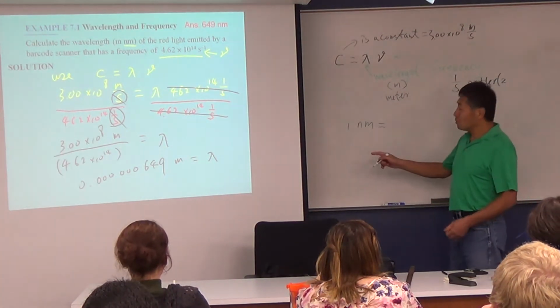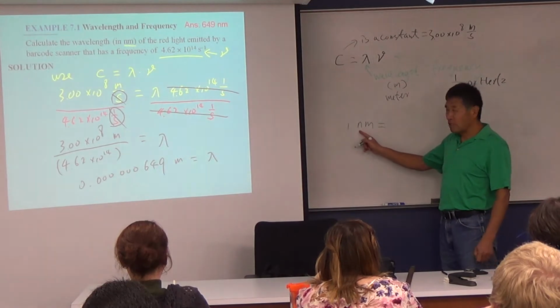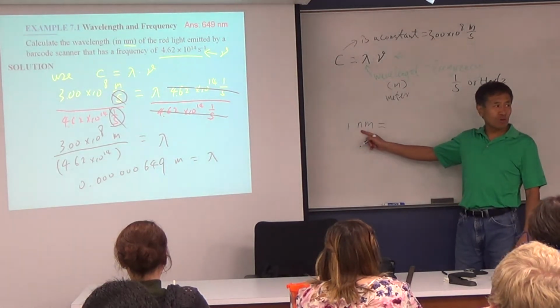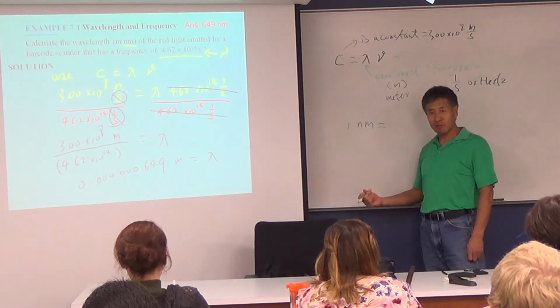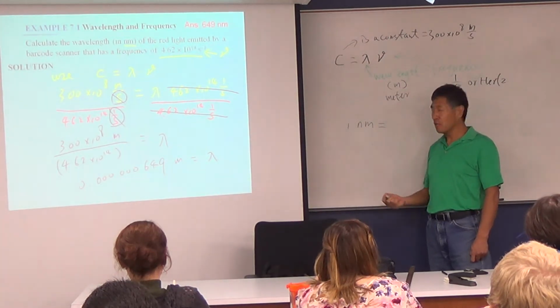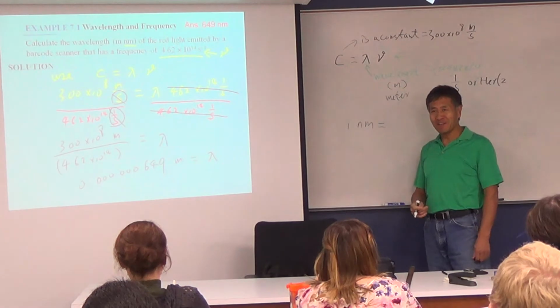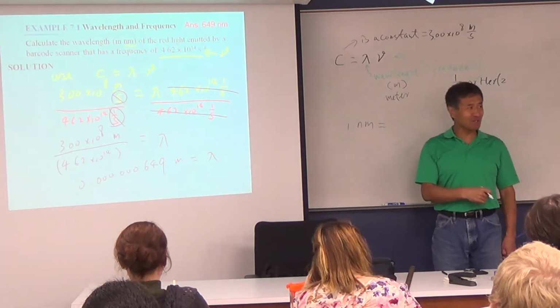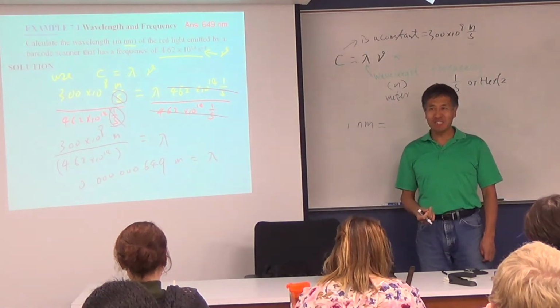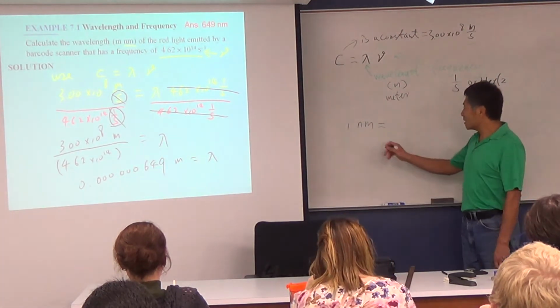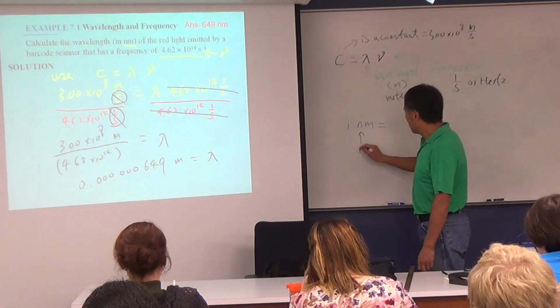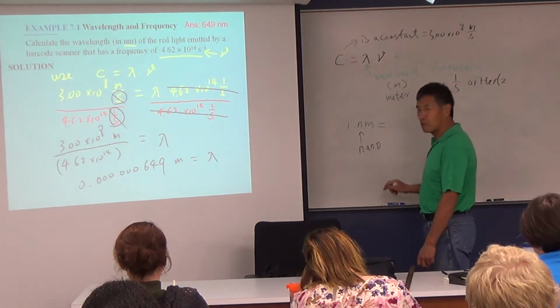Alright, so then you memorize that those prefixes have a numerical value. Deci means 10 to the negative 1. Centi means 10 to the negative 2. Milli means 10 to the negative 3. Understand? So this guy is nano.